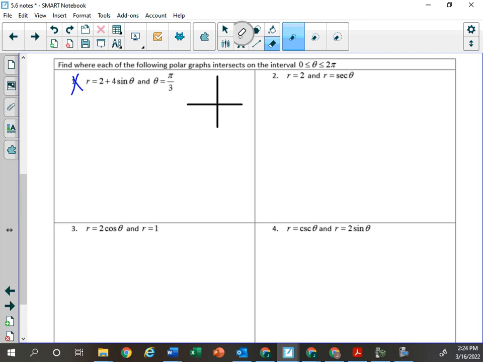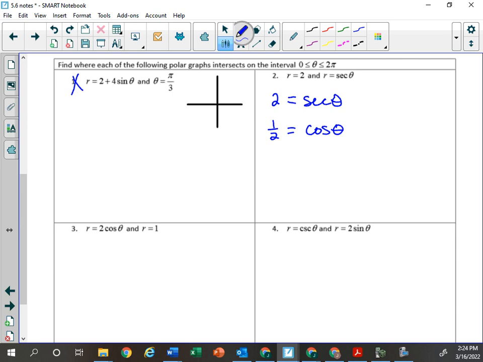Okay, so the first one, I can certainly just set the 2 equations equal. So I'd have 2 equals secant of theta. Do we agree that that's the same as 1/2 equals cosine theta? You with me there? So what are my thetas going to be?